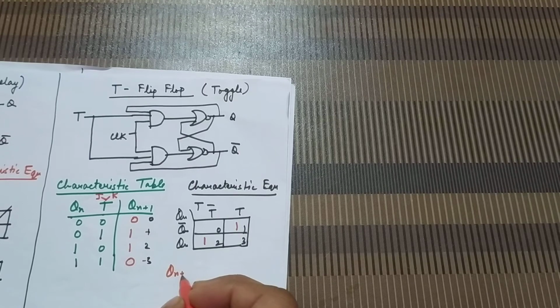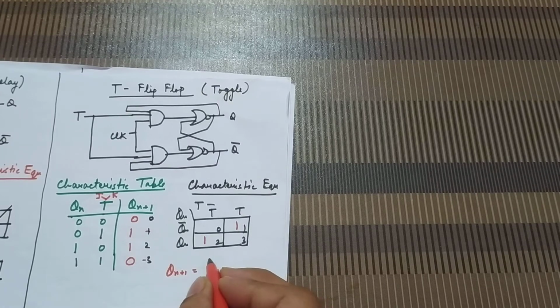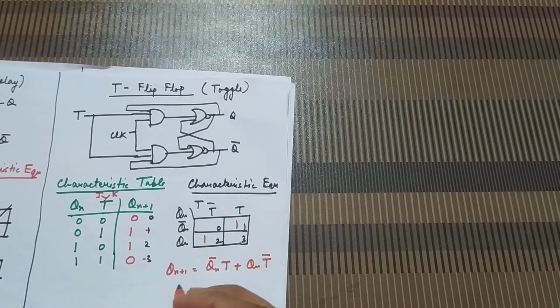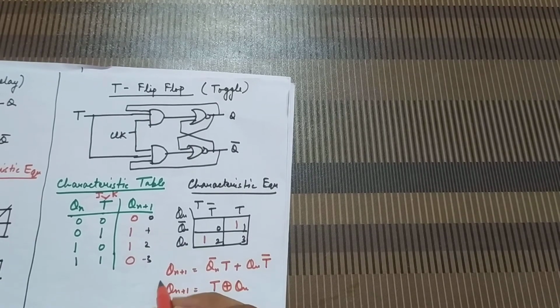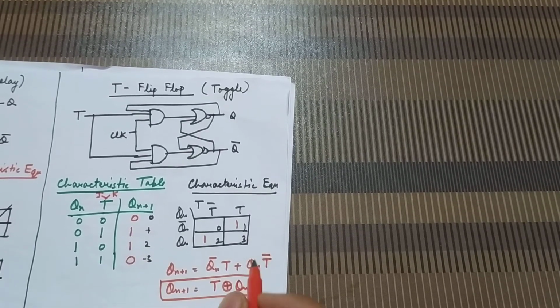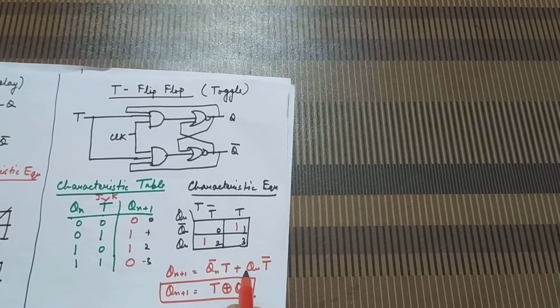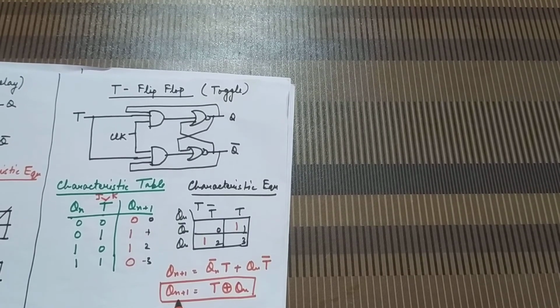So the next state will be Qn bar T plus Qn T bar. It means that the next state will be T XOR Qn. Basically this expression is the expression for the XOR gate, A bar B plus A B bar. So we can say that T XOR Qn will be equal to the next state.